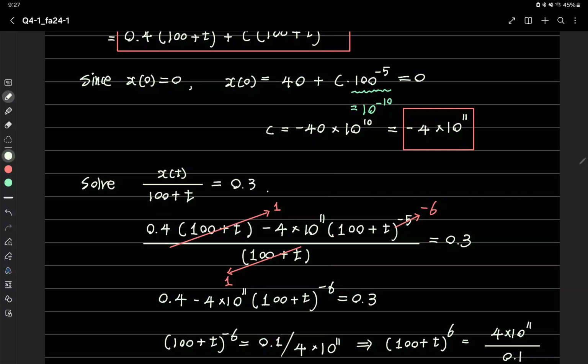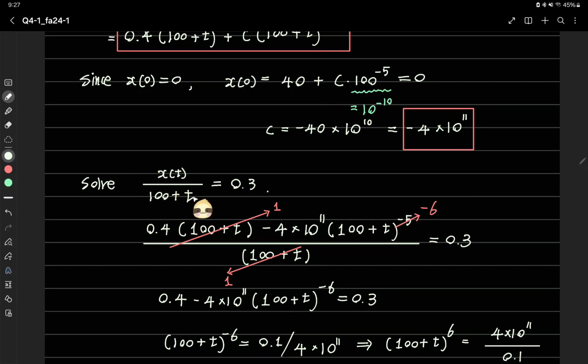So the question is to find out when the concentration will reach 0.3 kilogram per liter. The concentration is the mass of substance divided by the volume of liquid, right? So applying that in this problem, we have x of t over 100 plus t, which is the concentration of the salt in the tank.